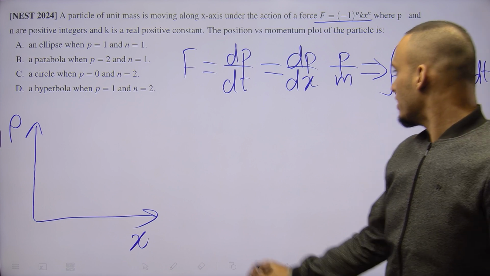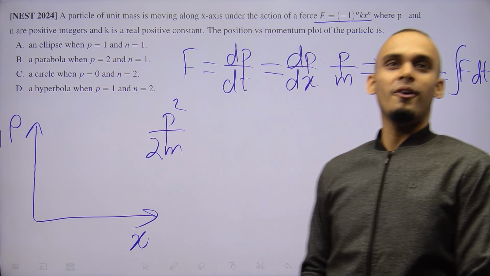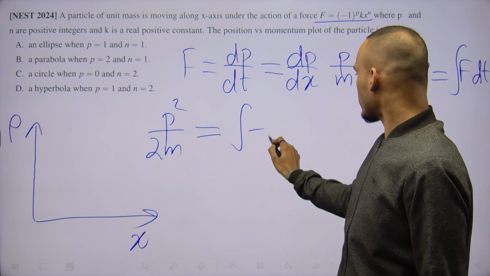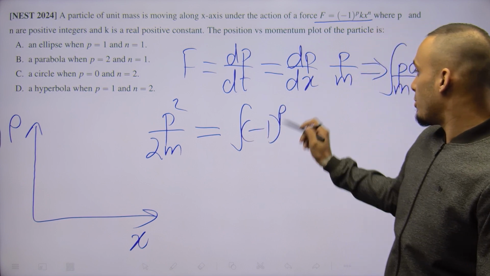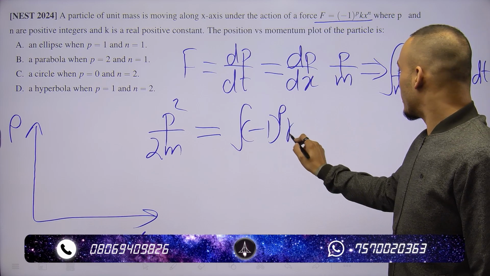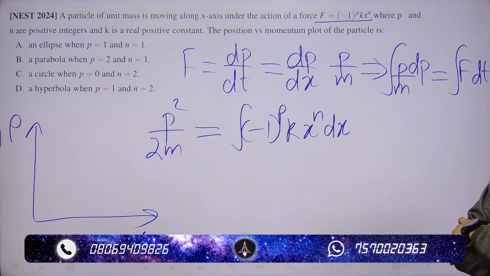Integrating p with dp itself, we get p square by 2m on the LHS, and on the RHS we need to integrate minus 1 raised to power p. Keep in mind this p is different from the momentum p over here, just keep that in mind, into kx raised to n with respect to dx is what we need to integrate.